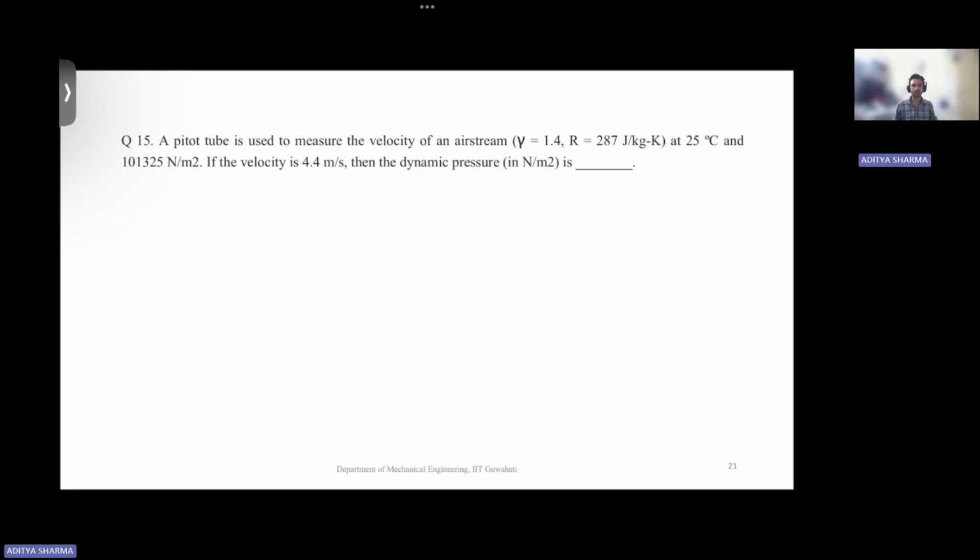The next question says that a pitot tube is used to measure the velocity of an airstream. Gamma is this, R is the universal gas constant, at 25 degrees Celsius and this pressure. If the velocity is this, then the dynamic pressure is this.